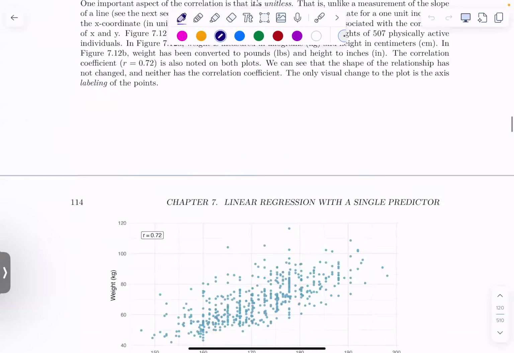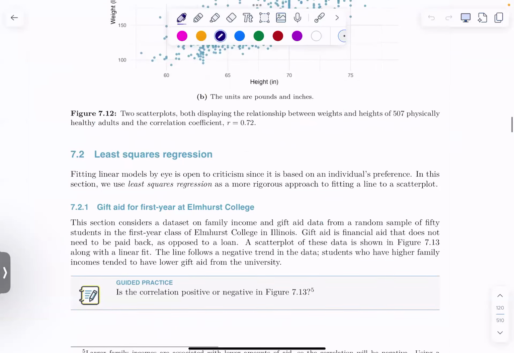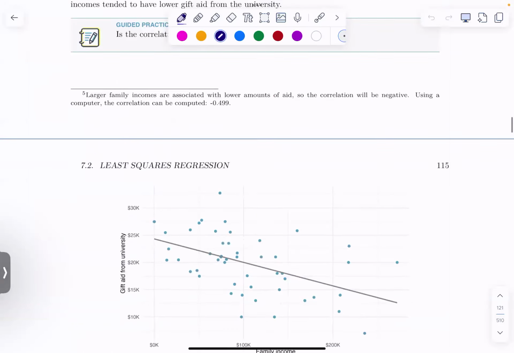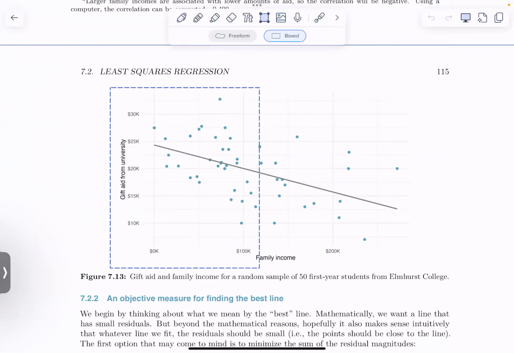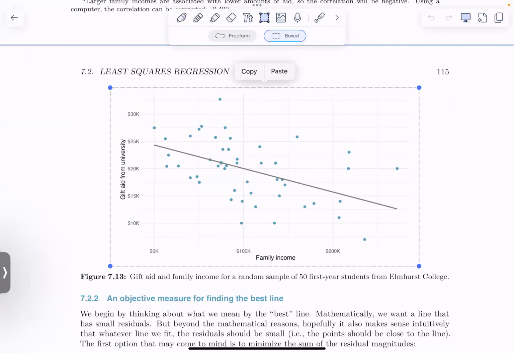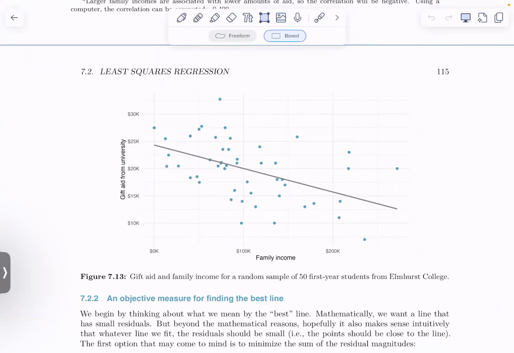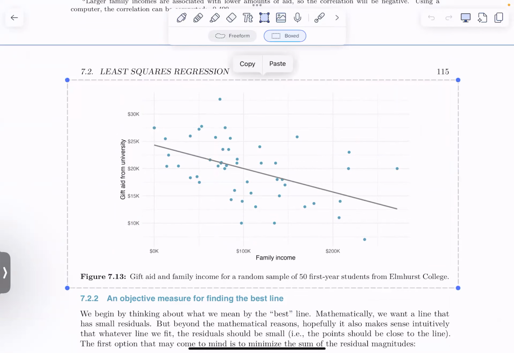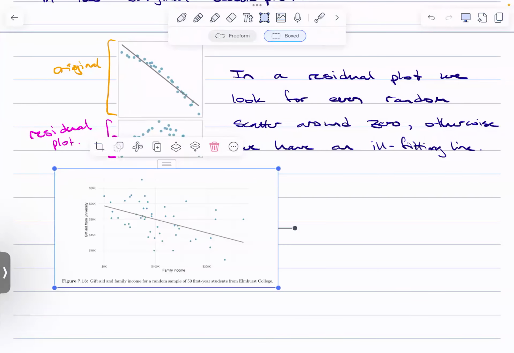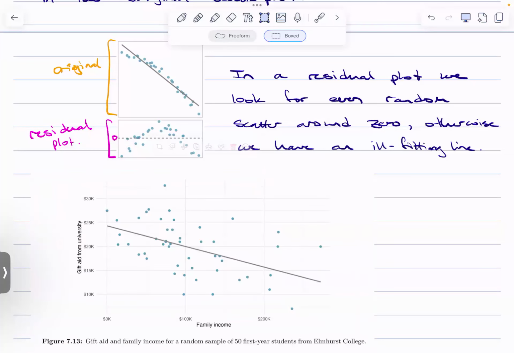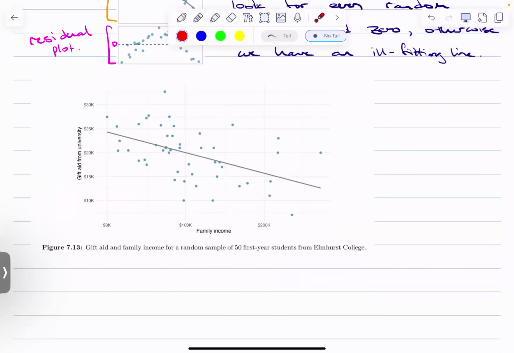There is an example that I want to steal. I guess I could include the description. It's already got a line on it. So we can see that it's negative, right?